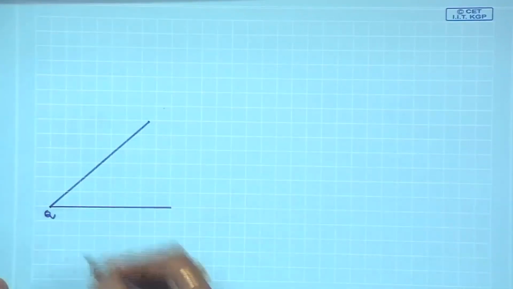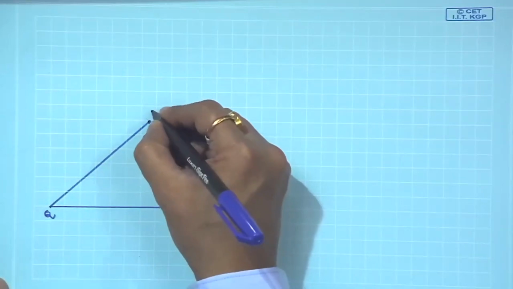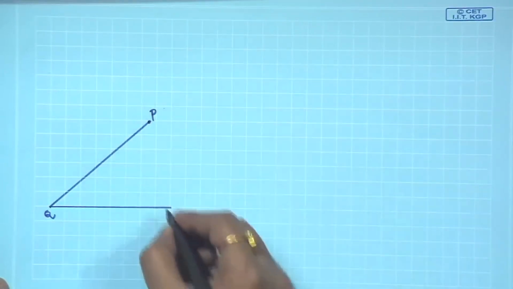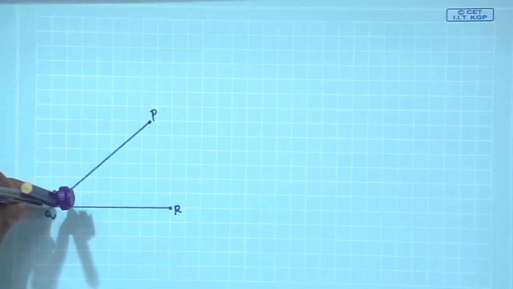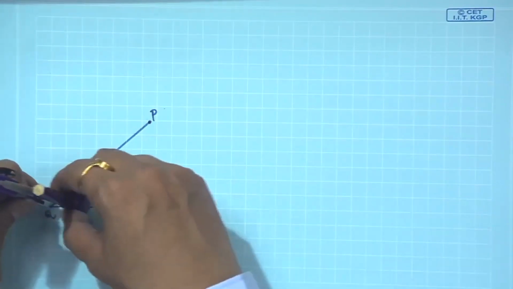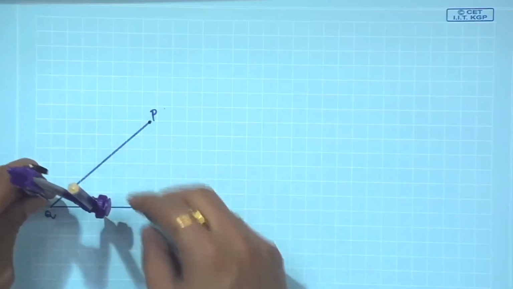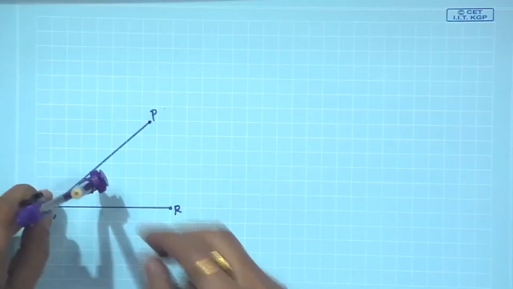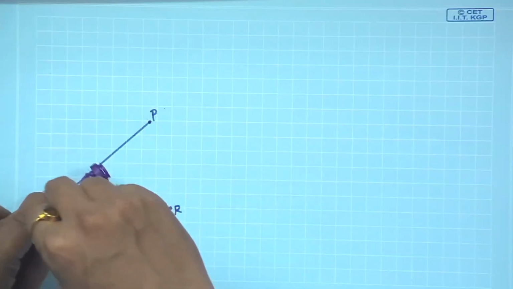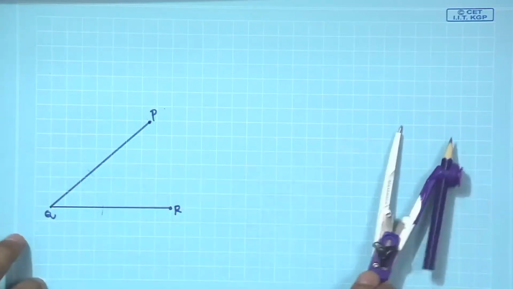Call the points Q, P, R. Now, with Q as center, at some distance with a radius, mark curves.